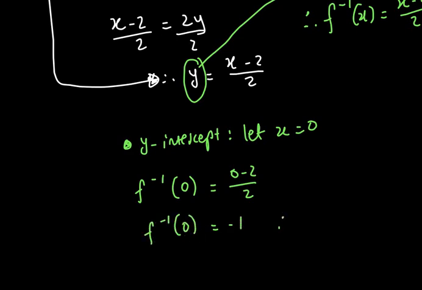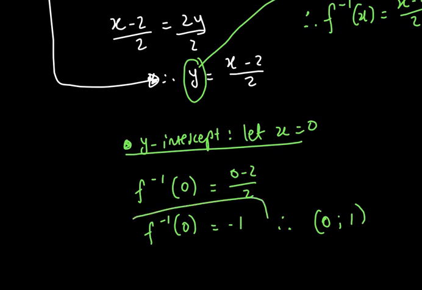Which means as a coordinate, the y-intercept, remember y-intercept is when x is 0. So when x is 0, the y value is going to be -1. This is your y-intercept. That's how you must read this. This says on the graph of the inverse, when x is 0, y is -1. That's what it's saying there.